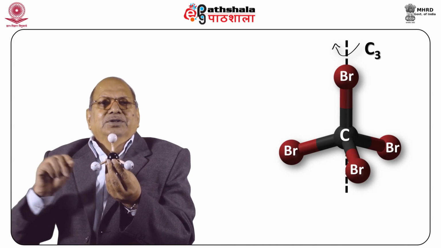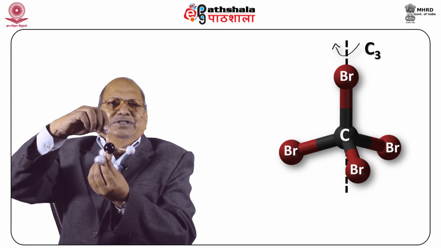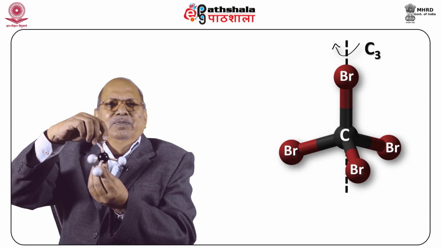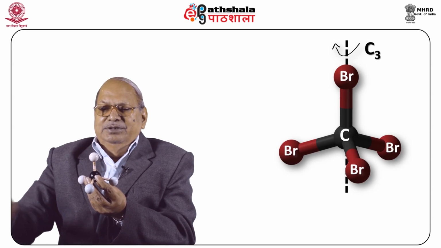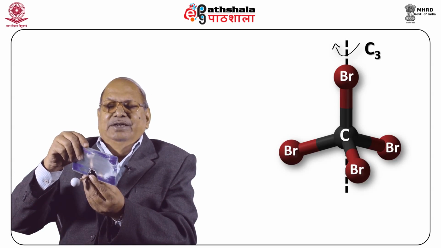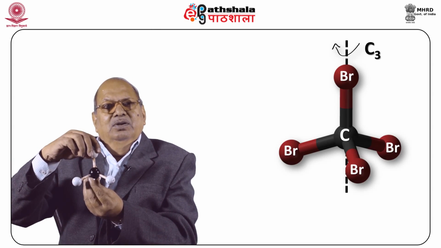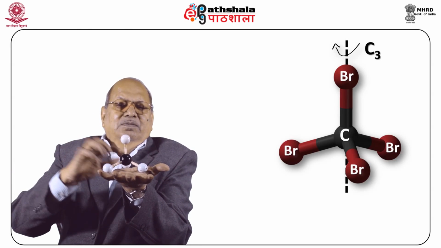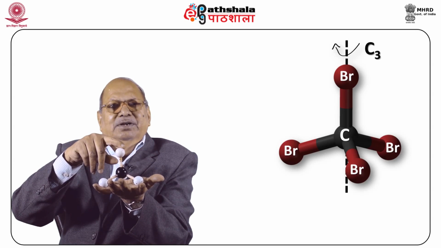Now in this molecule, this is my C3 axis, and these are my mirror planes. This is one, this is like this, and this is like this. So I have C3 along one of the carbons, and these are the base bromines, and this is the top bromine.